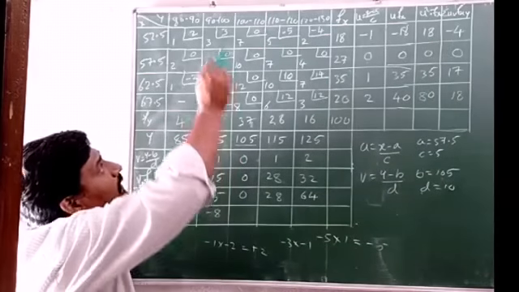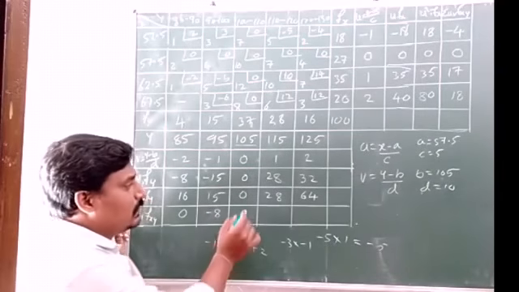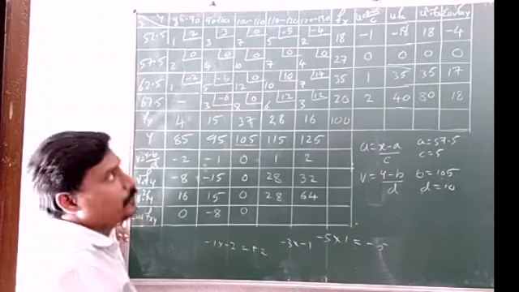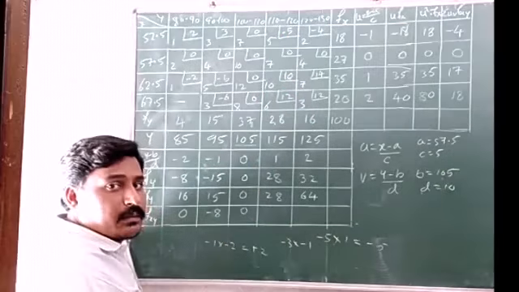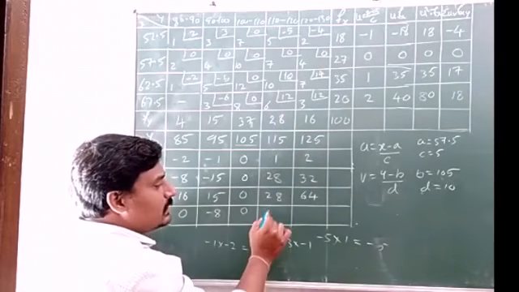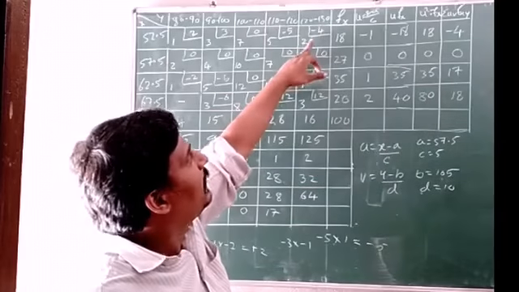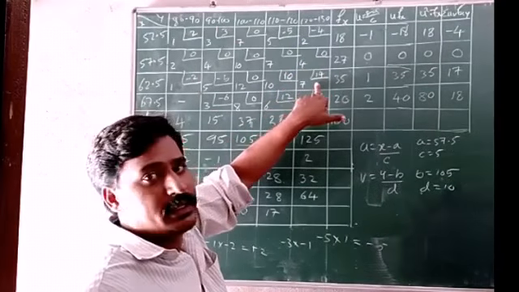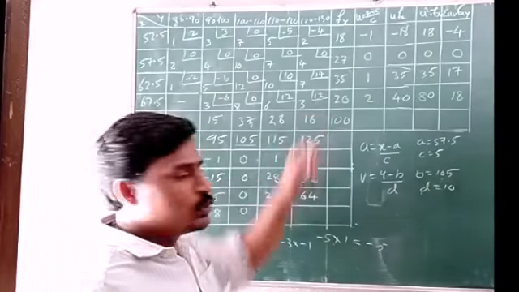Minus 11 plus 3, that is minus 8. This column 0. Next minus 5 plus 10, we get plus 5. Plus 5 plus 12, that is 17. And the last column here, minus 4 plus 14 plus 10. 10 plus 12, 22.